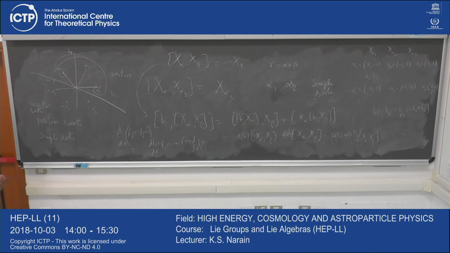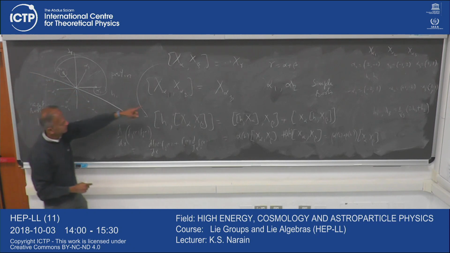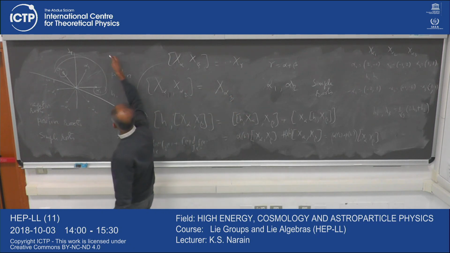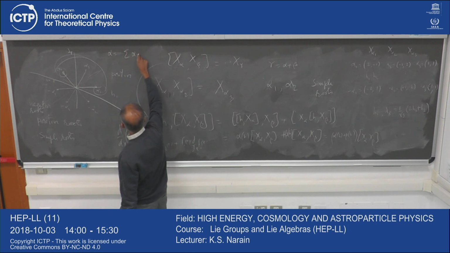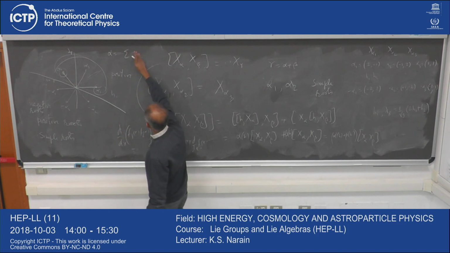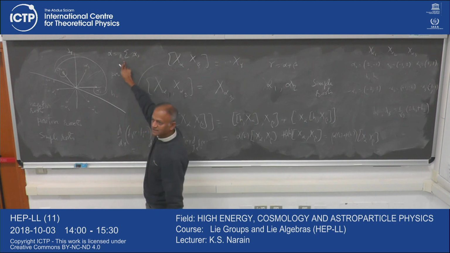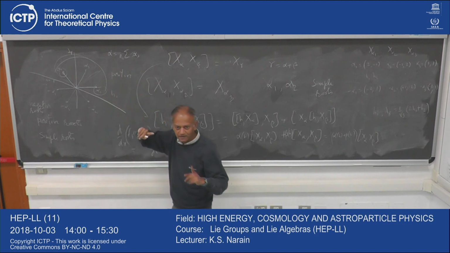So there's a way to define simple roots in a more precise way, which is equivalent to what I said. If any root alpha can be expressed as a sum of some n_i alpha_i, where n_i are some integers, non-negative.